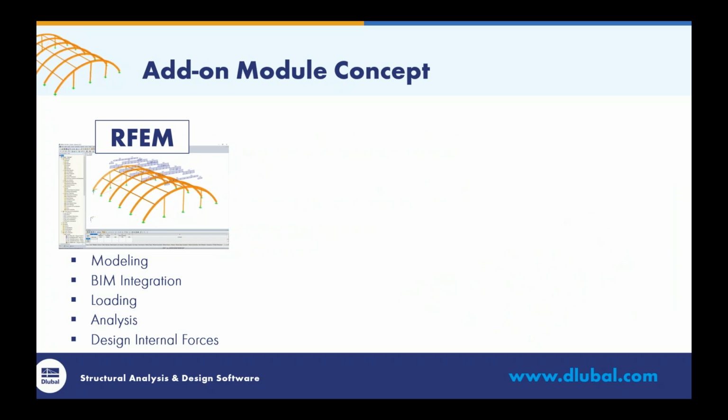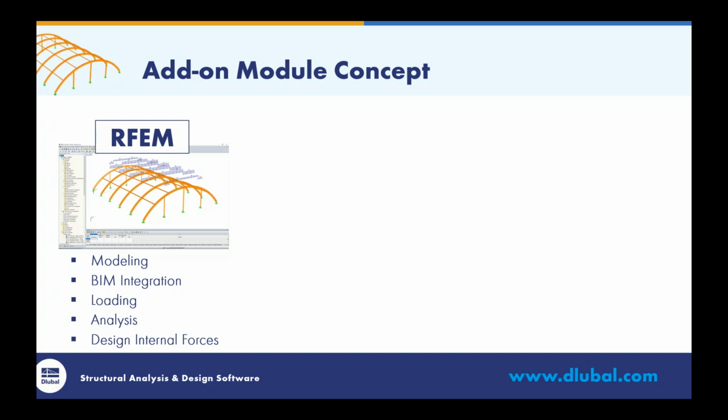So for those of you who are not familiar with our program, we do work with the add-on module concept. RFEM is our main finite element analysis program. This allows us to fully model our structure. All of our materials and cross sections from the various standards are available within this main program. We can even integrate with BIM software such as Revit, Tekla, AutoCAD.